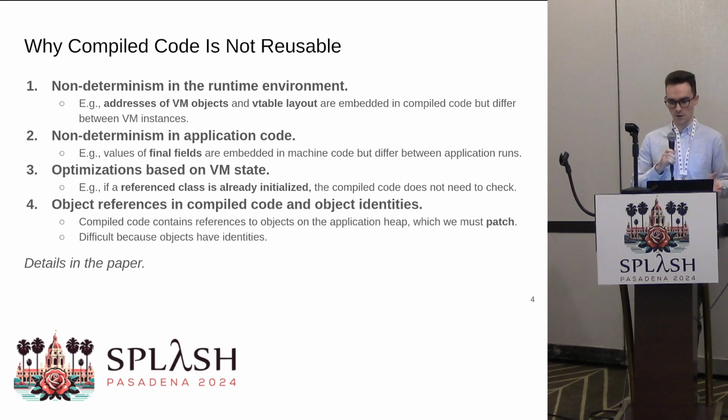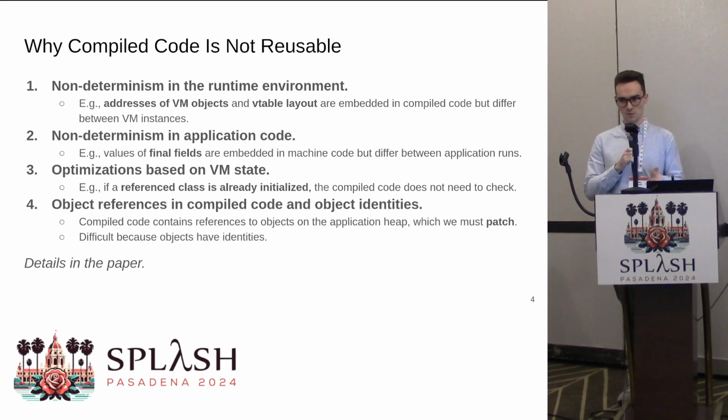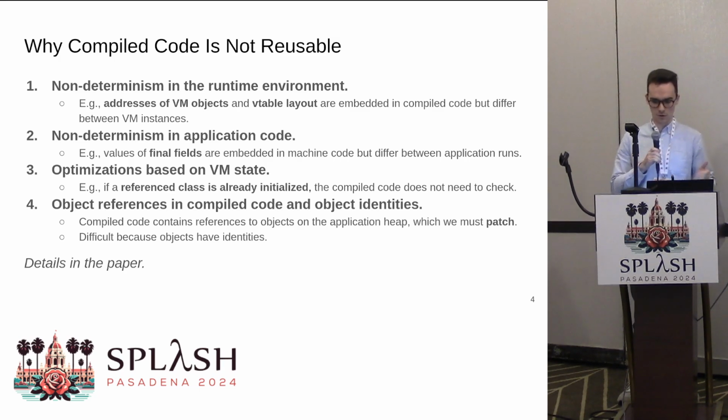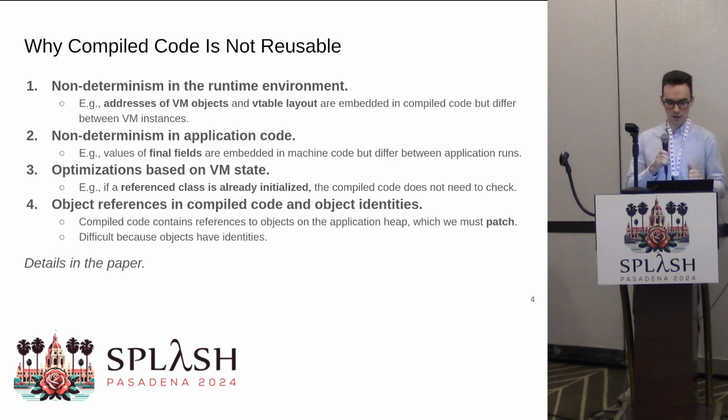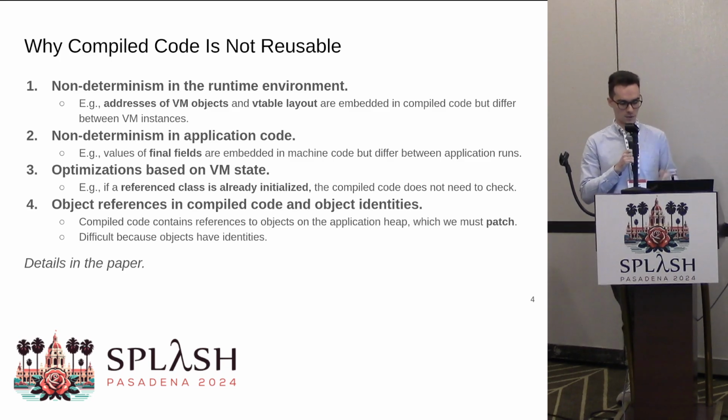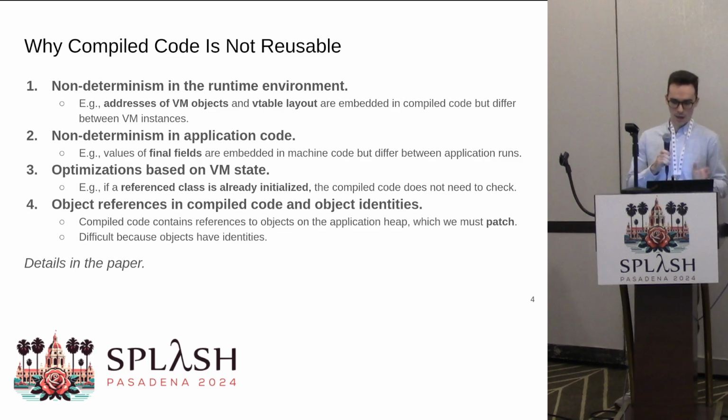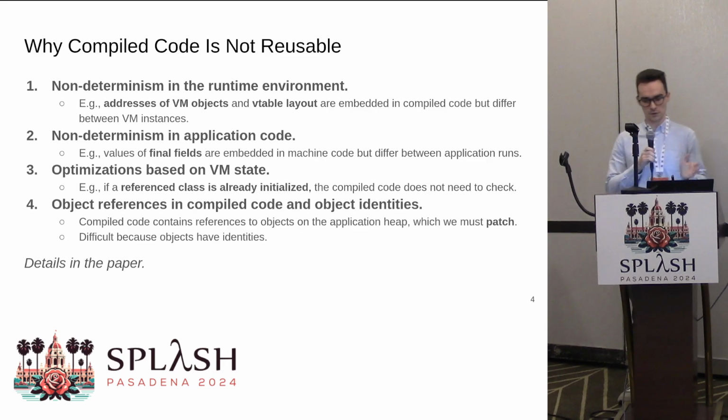Similarly, in the HotSpot JVM, the vtable layout may change between runs. So this is another source of non-determinism that the compiler specializes to. The second point is about non-determinism in application code itself. So this is similar to the example we have already seen with the static final fields, but generally there is a problem with final fields, and even very innocent-looking application code can suffer from this problem.